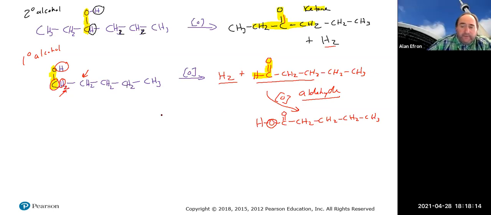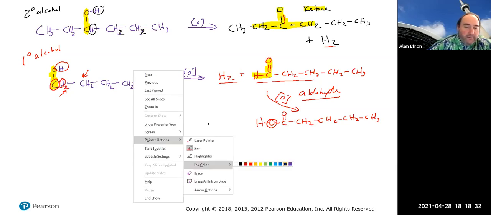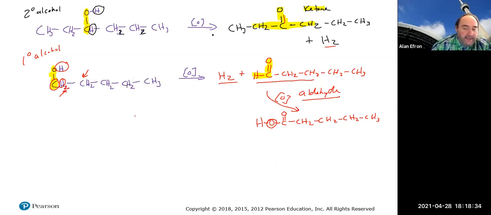Okay, so while we're speaking about the hydrogen there, these are oxidation reactions going in this direction, going from our alcohols to our aldehydes or our ketones. With an oxidation reaction, there's always a reduction reaction that occurs. And really the reduction reaction is these reactions going back in this direction.